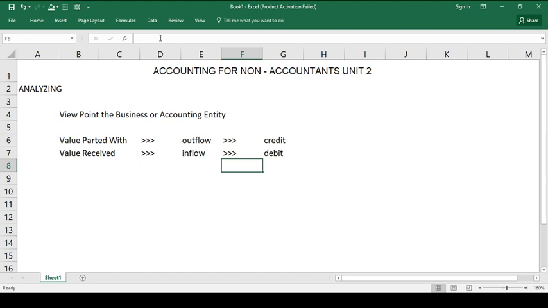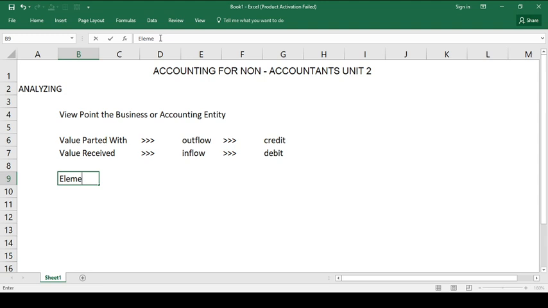Kaya analyzing is very important. That is the crucial part. You need to determine what is the value received and what is value parted with.